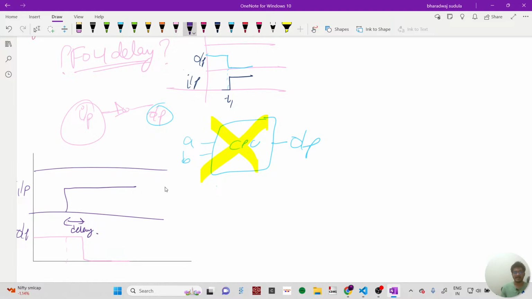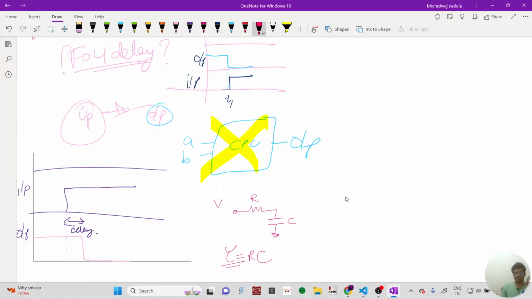As you all know, any RC circuit, let's say I have given some voltage here and some resistance, will have some delay, right? And we measure that delay quantity with RC. It's a time constant.